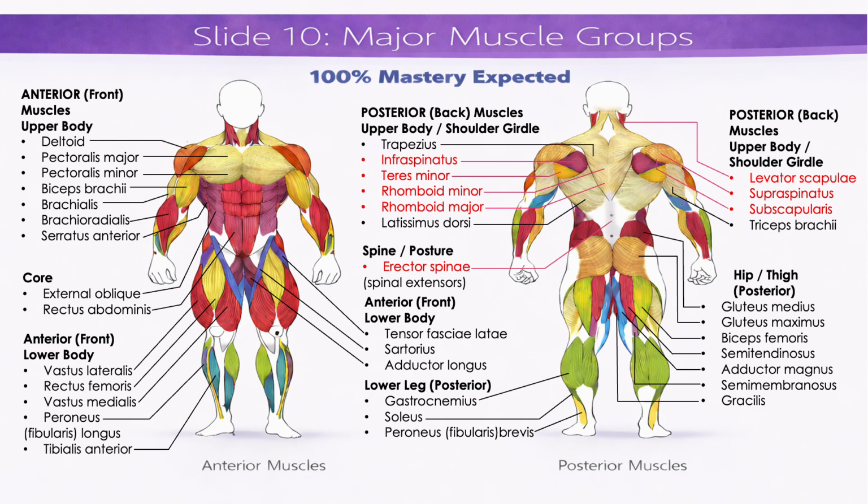Some of these muscles require full memorization, while others require familiarity and recognition. We will not separate these for you. All of them must be understood for competent patient care. This slide serves as our primary reference for applied muscular anatomy.